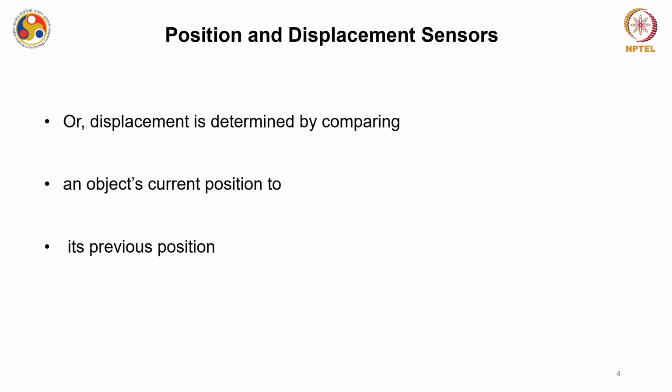These coordinates can be compared and the displacement found along with the direction. If you notice, we are not taking any external reference point. We are taking the current position of the object and the previous position of the object itself.